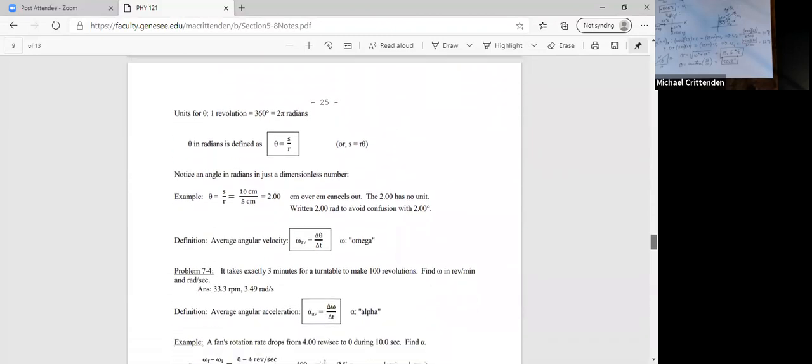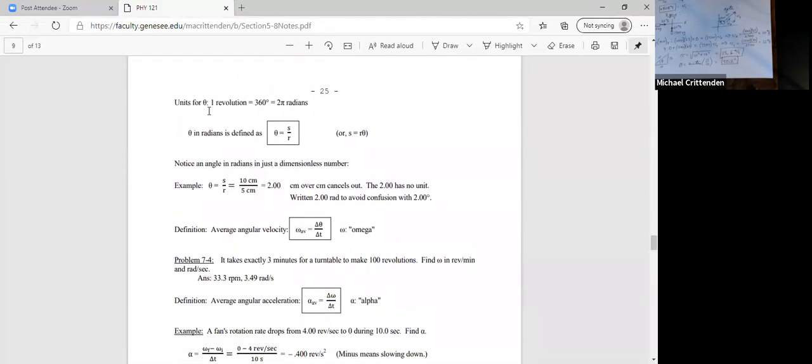So to finish talking about units to measure theta in, I said you could use degrees, you could use revolutions, or you can measure it in radians. Now, degrees and revolutions are kind of handy for taking measurements. Any protractor I've seen is measured in degrees.